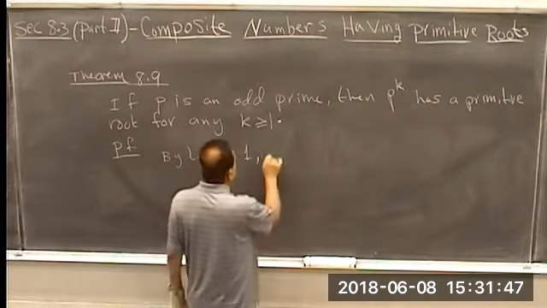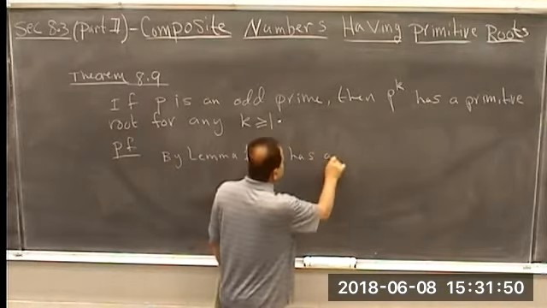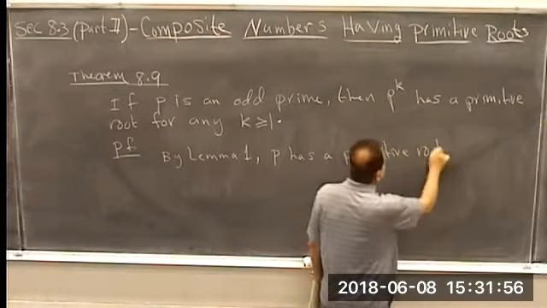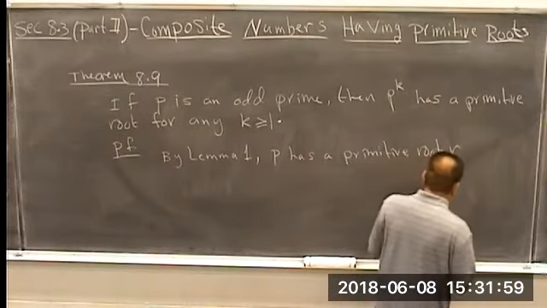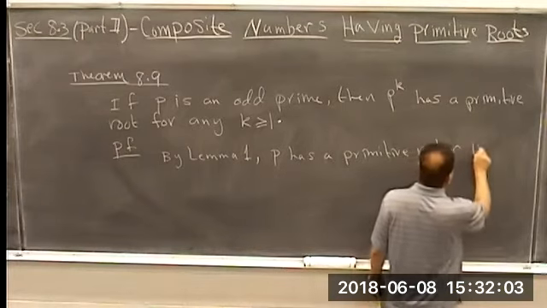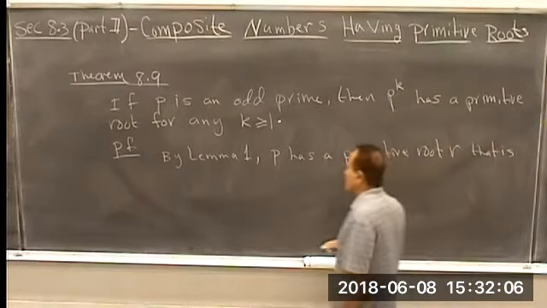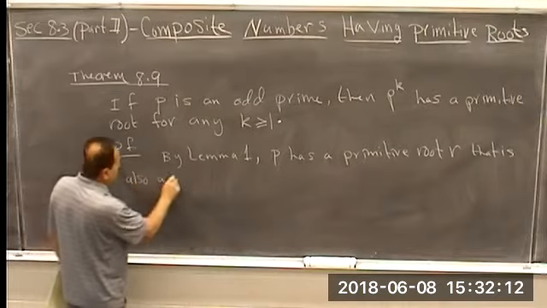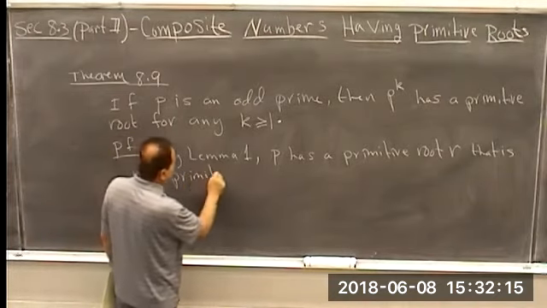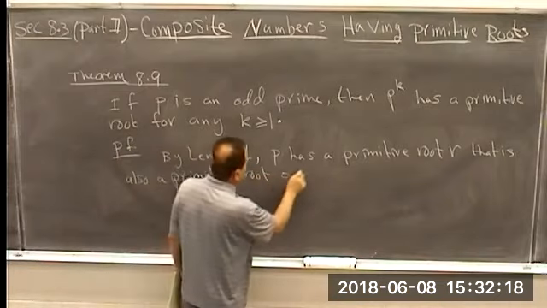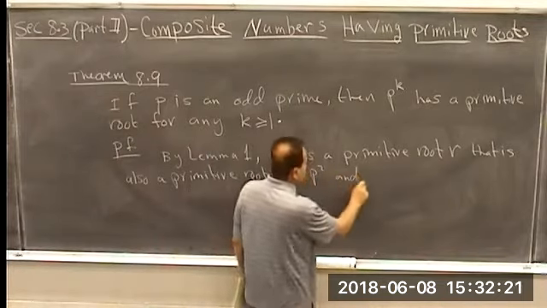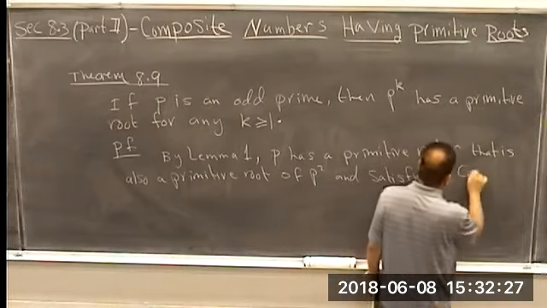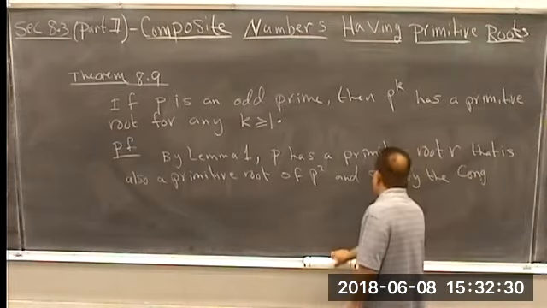We know that p has a primitive root r which satisfies this, that is also a primitive root of p squared, and satisfies the congruence, to satisfy this condition.